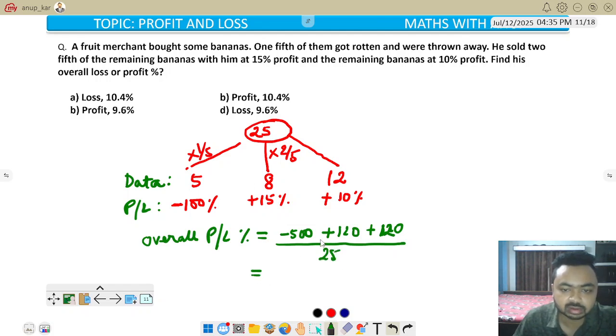So it will come out to be minus 500 plus 120 plus 120, so it will be minus 260 by 25, so it is negative, it will be loss.